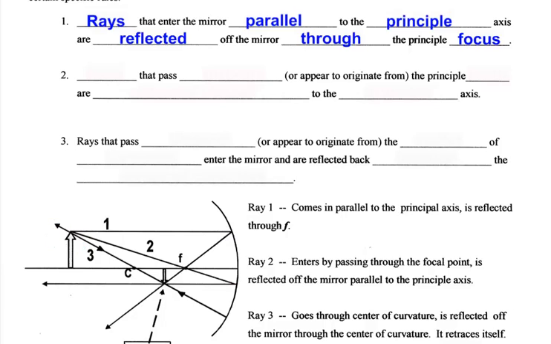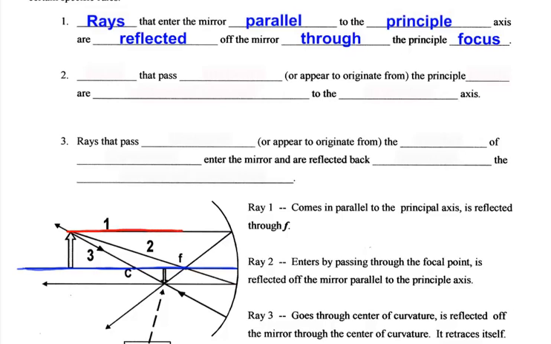So, focusing on rule 1, rays that enter the mirror parallel to the principal axis. Remember, this here is the principal axis. So if I want a ray parallel to the principal axis, that's ray number 1.